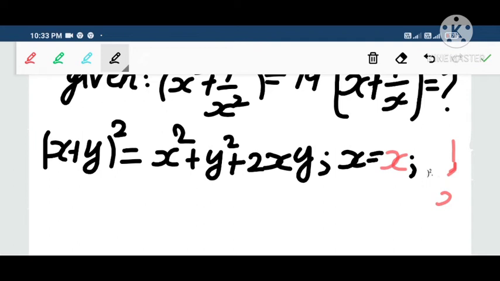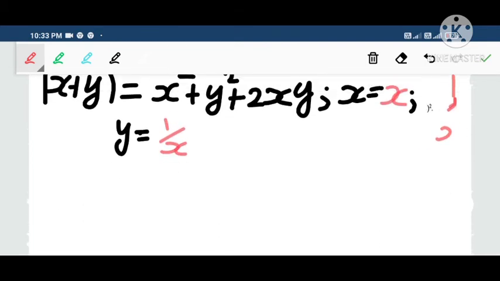Now we expand by using the identity x square plus y square plus 2xy to find the value of x plus 1 by x.